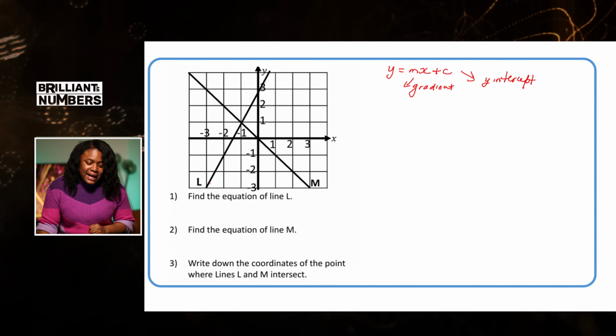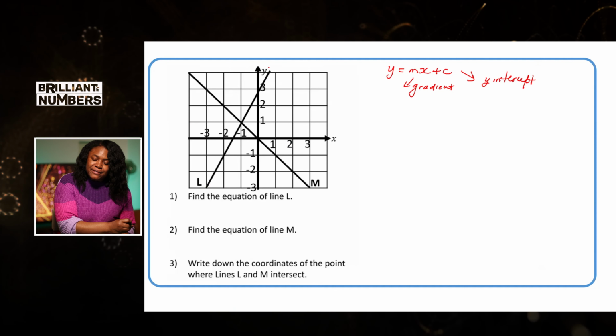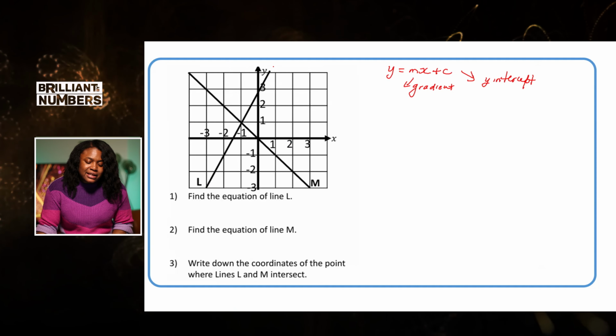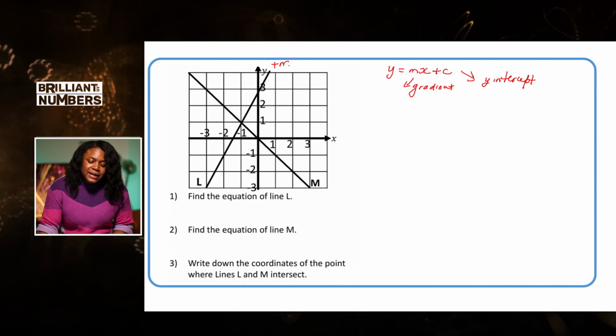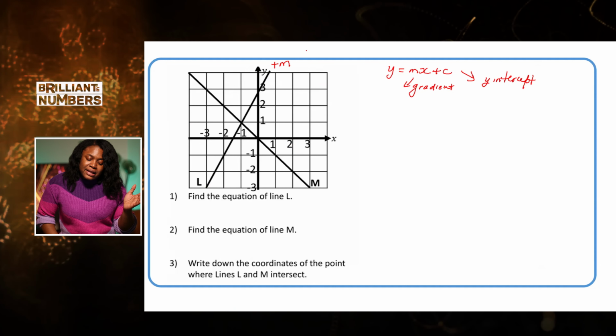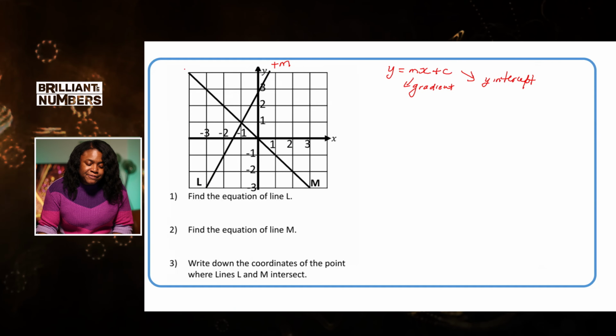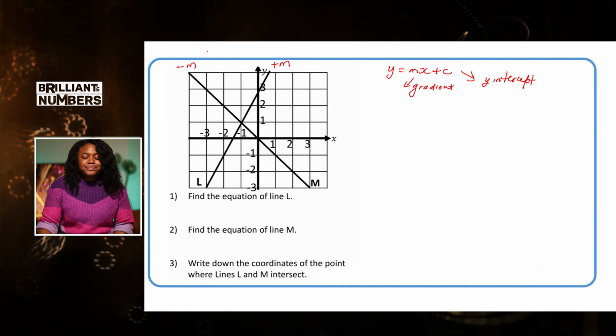Remember, the line L here is oriented from the left to the right. That means it will have a positive gradient, which means that line M is going to have a negative gradient. It's very important to note that.